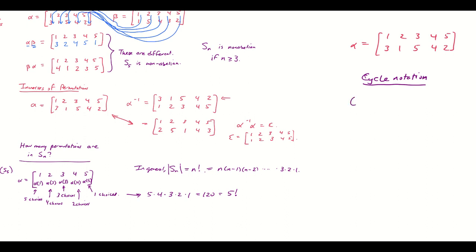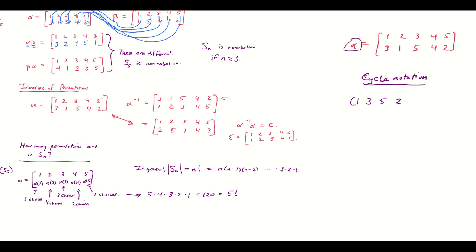So I'm going to start by writing down the number 1. And then I'm going to write down what 1 gets mapped to. In this alpha here, 1 gets mapped to 3. And then I'll look at what 3 gets mapped to. According to this, 3 gets mapped to 5. So the next number I write down is 5. And then what does 5 get mapped to? 5 gets mapped to 2.